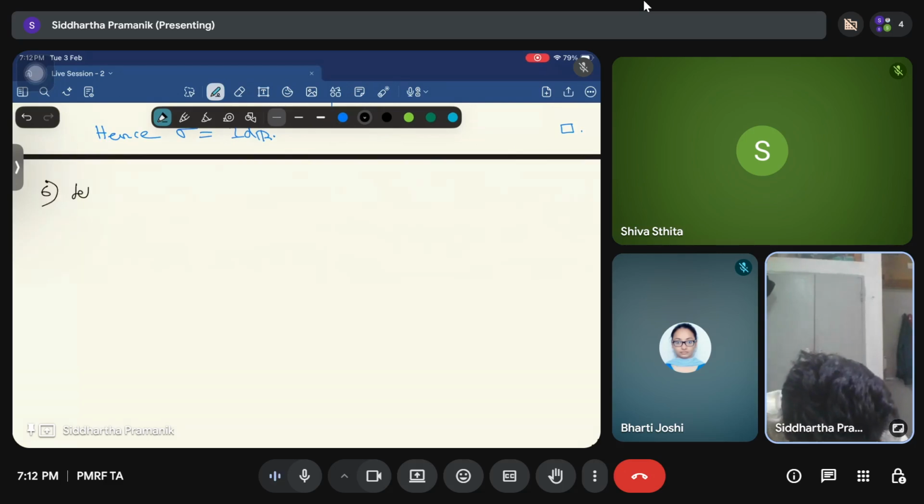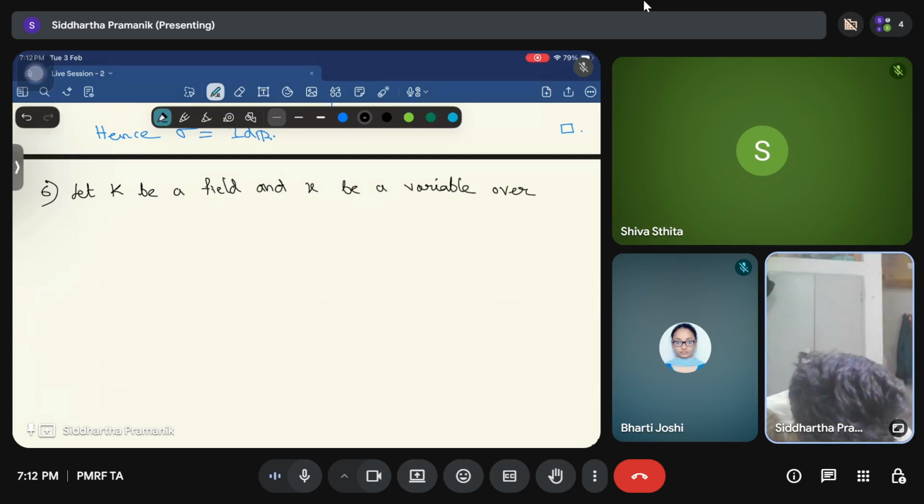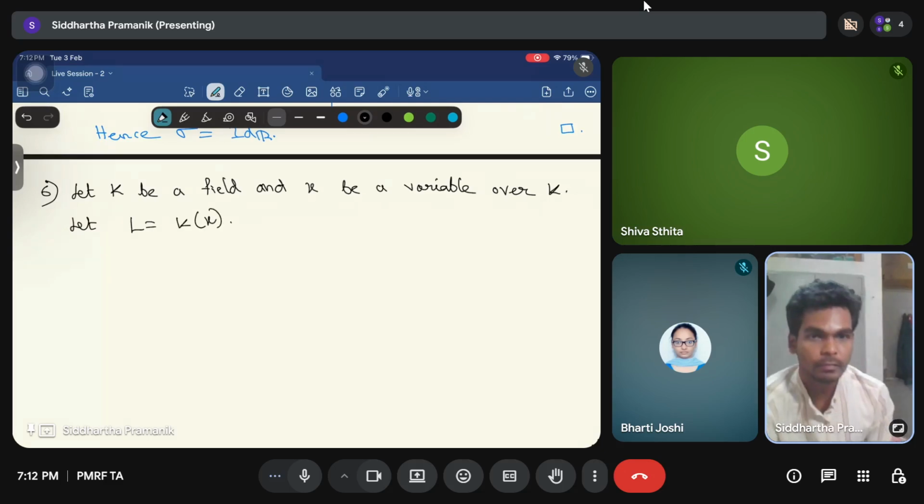Okay, so let K be a field and let X be a variable over K, and let L be the field of all rational functions.